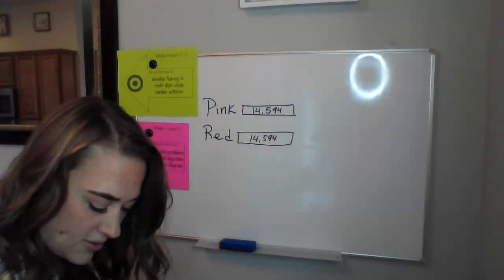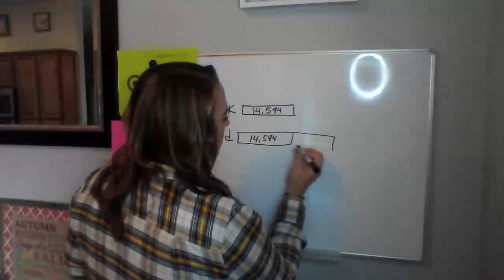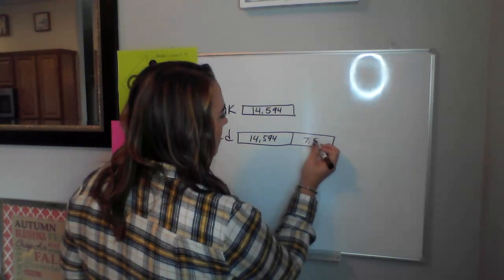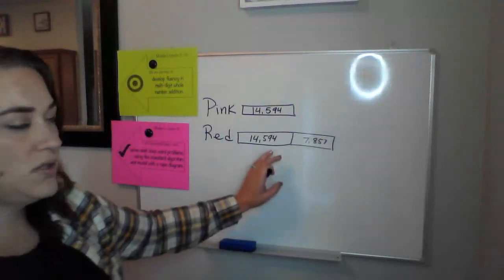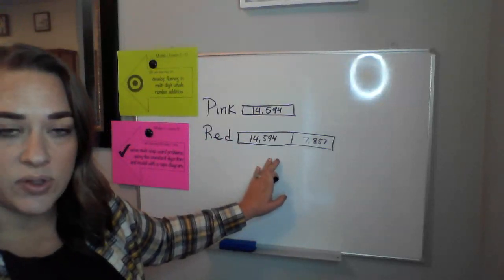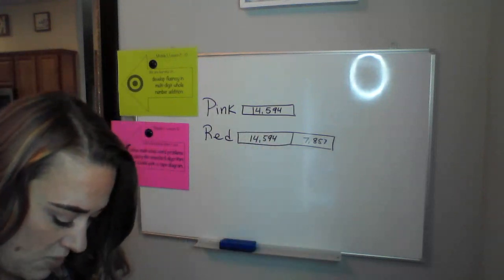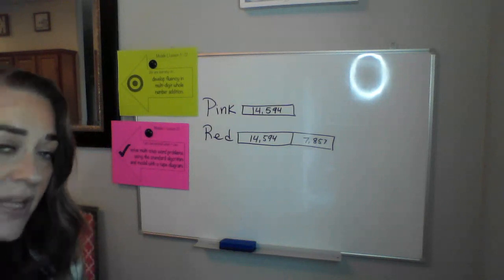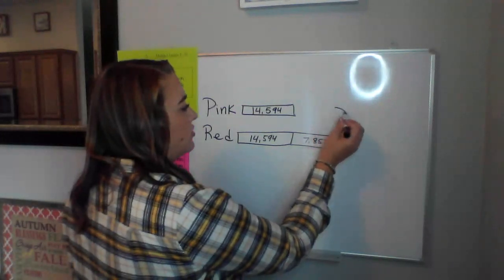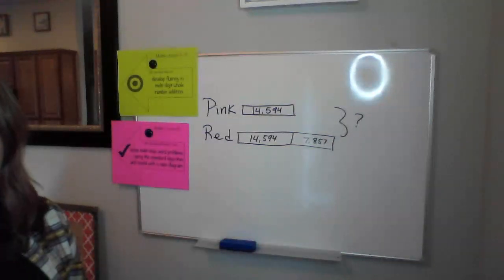So they sold 7,857 more than the pink. We're not quite sure how many red roses we sold yet. We know how many pink, and our question asks, how many pink and red roses did the City Flower Shop sell? So we have to figure out our total amount for pink and red roses.